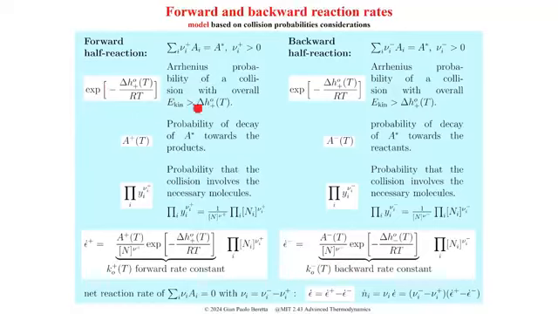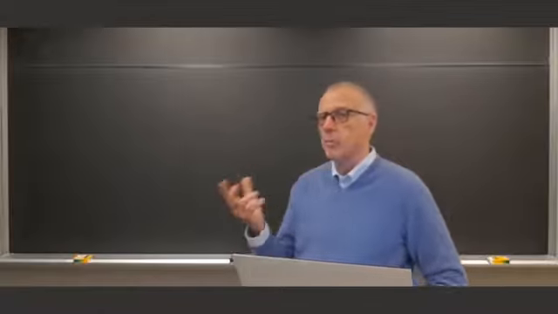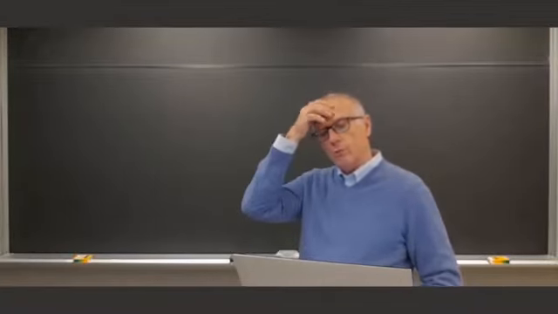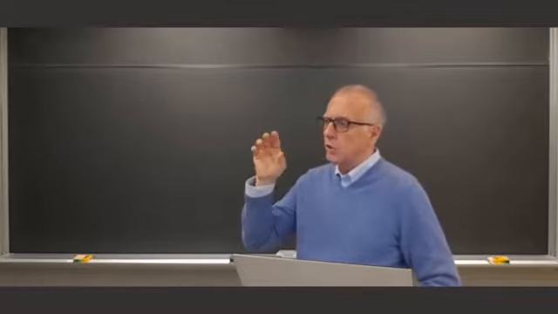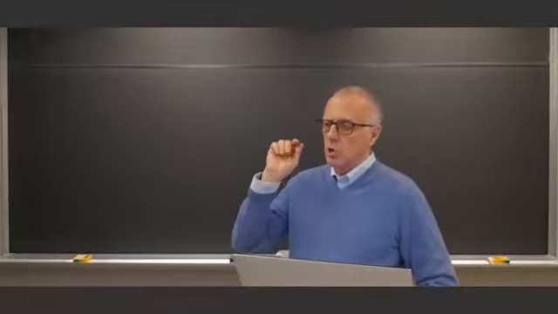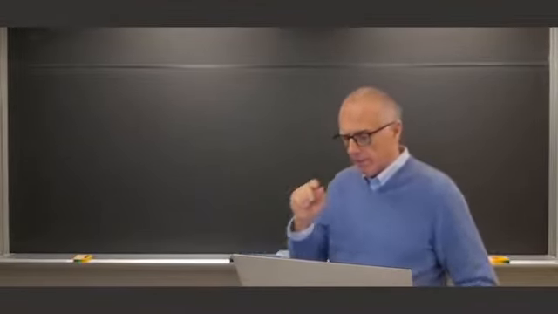So we can view this in terms of probabilities. The Arrhenius formula gives us, as we've discussed, the probability to have enough kinetic energy from the collision so that we form the activated complex.